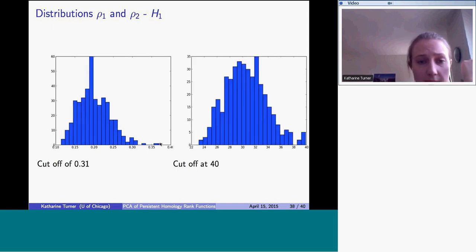Do the same thing for H1 instead of H0. Again, the first distribution is this modified distance to the mean within the first 80 principal components, and the second one is the distance to that 80-dimensional subspace.